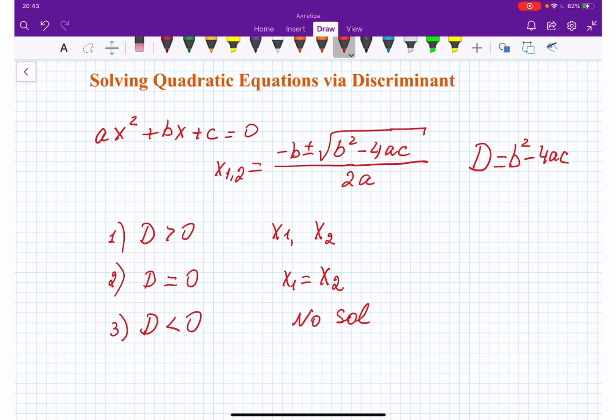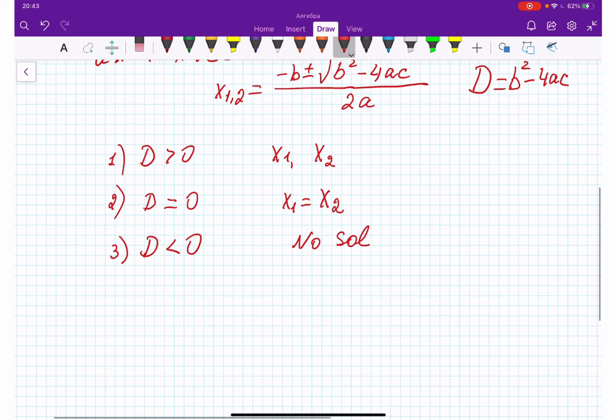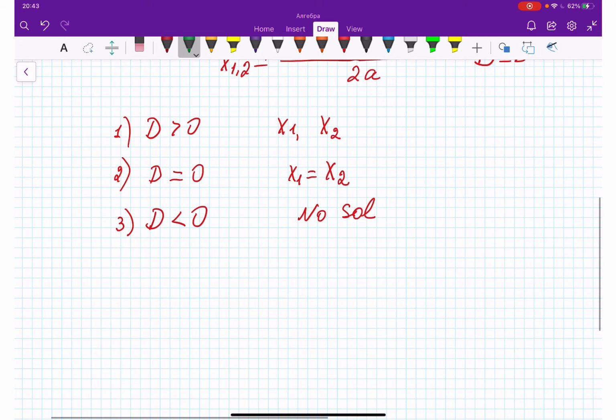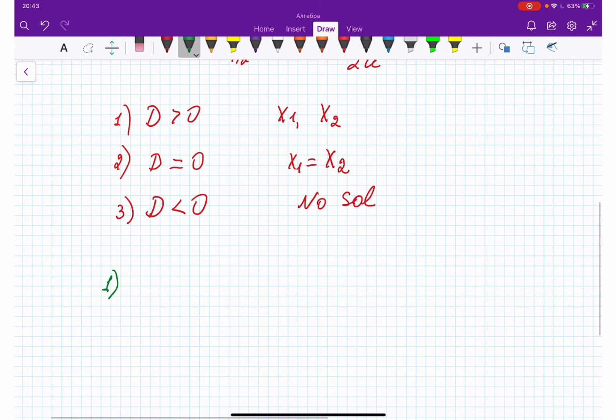Okay, let's practice. Let's use this statement to solve quadratic equations. First case: we have 3x squared minus 4x plus 2 equals 0.